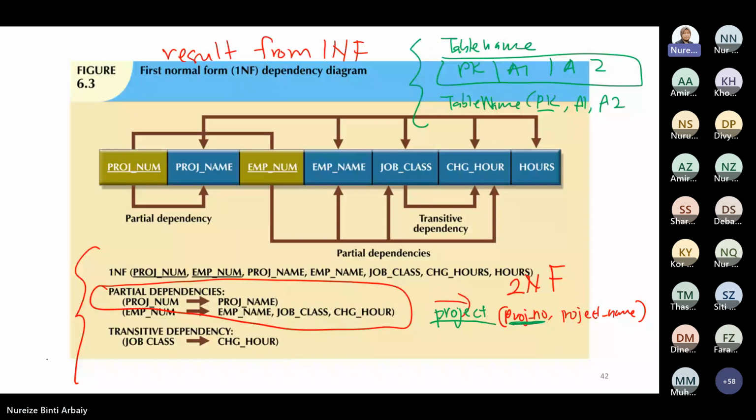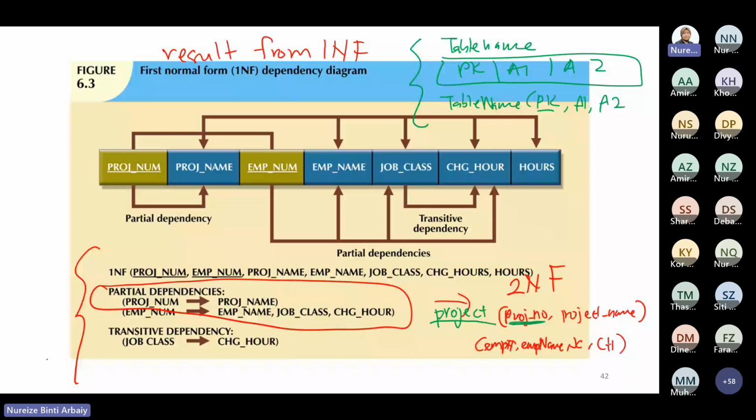Second, employee number identifies this and this. So here you write down employee number, then employee name. What else? Job class, and then charge hour. I shortened the name.